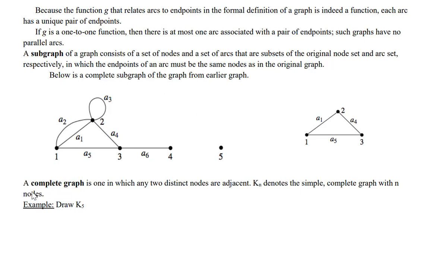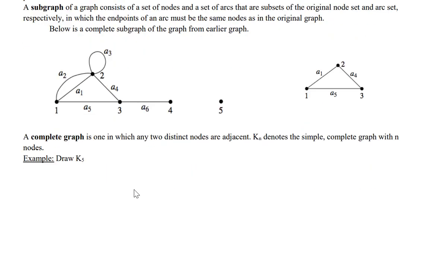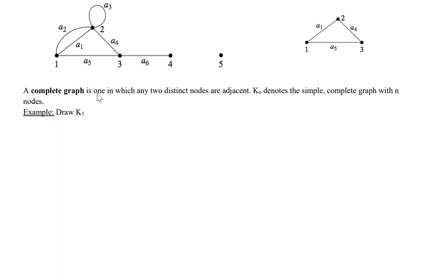A complete graph is one, again more terminology here, in which any 2 distinct nodes are adjacent. Kn, for example, denotes the simple complete graph with n nodes. So what does it mean, complete graph? For K5, I need 5 nodes, for example. Let me write them down: 1, 2, 3, 4, and 5.